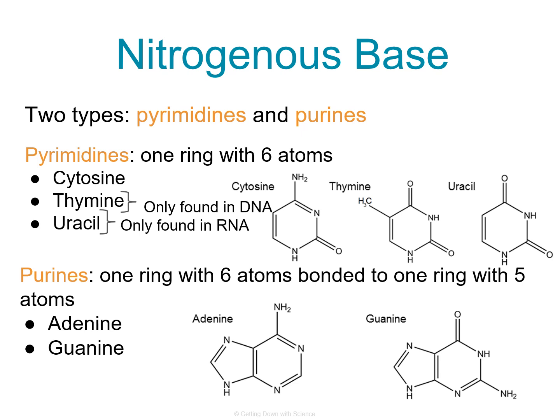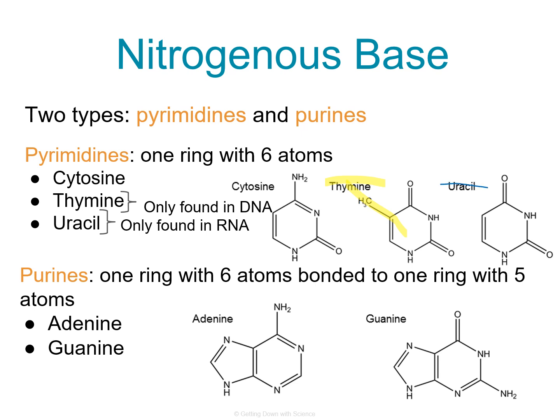It is really, really important to remember that thymine is only in DNA. And we can tell thymine and uracil apart because thymine has an extra carbon hanging out right there. Uracil is only found in RNA.